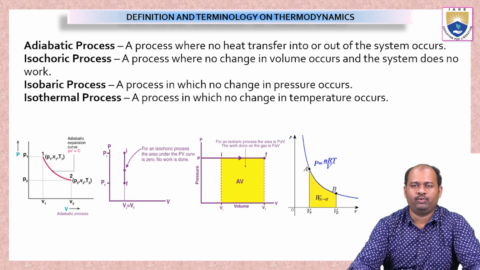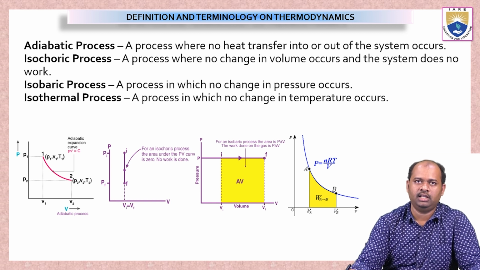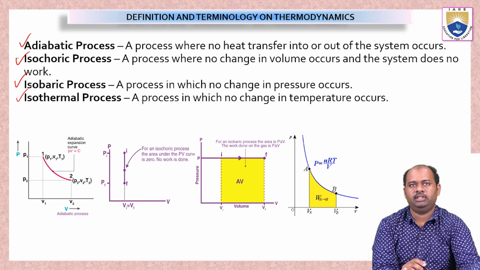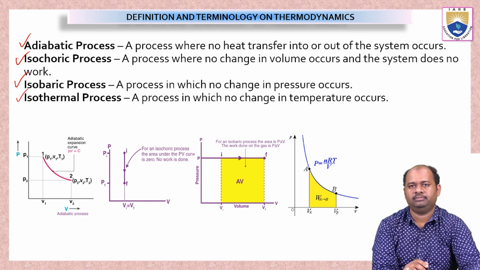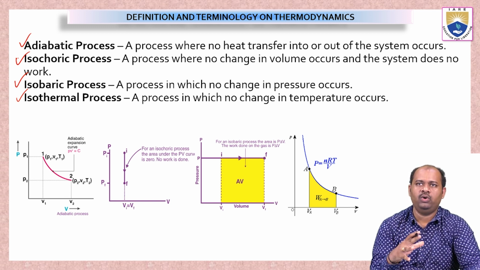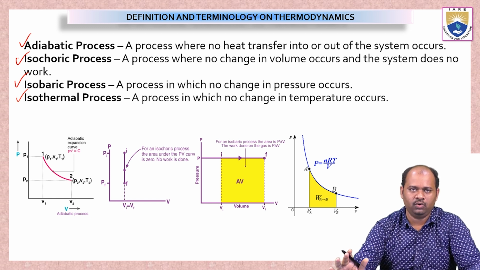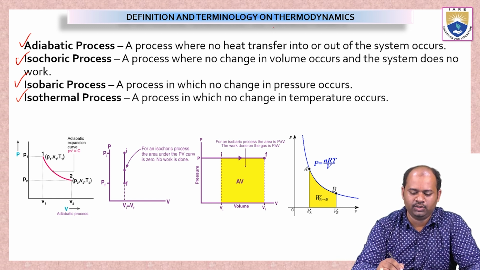Next we have some processes which are used in thermodynamics. They are the adiabatic process, isochoric process, isobaric process and isothermal process. Now we'll see in detail what an adiabatic process is. An adiabatic process is one where no heat transfer into or out of the system occurs.